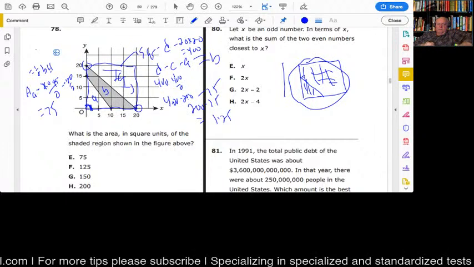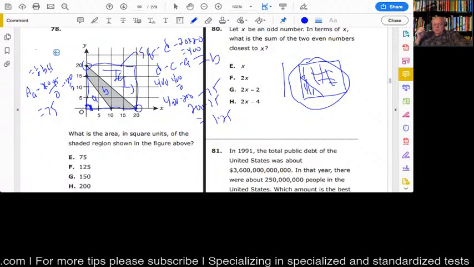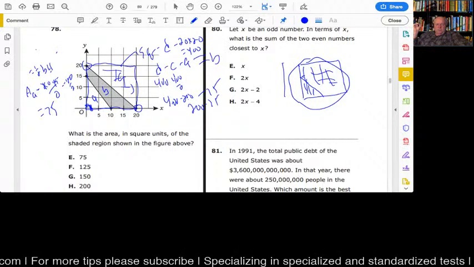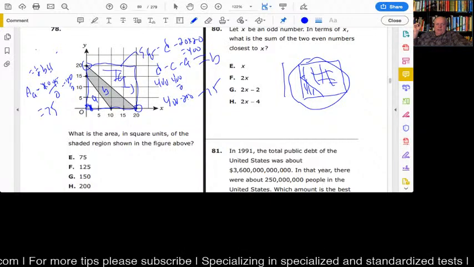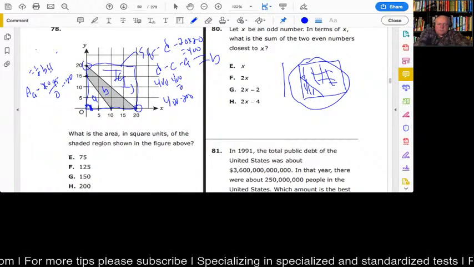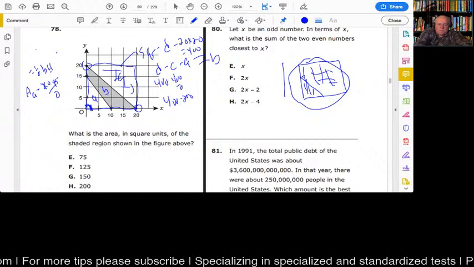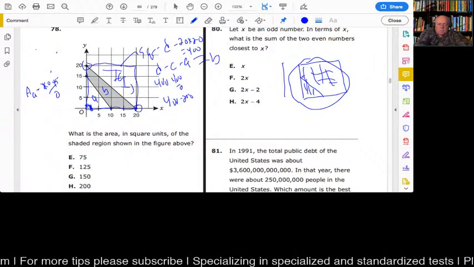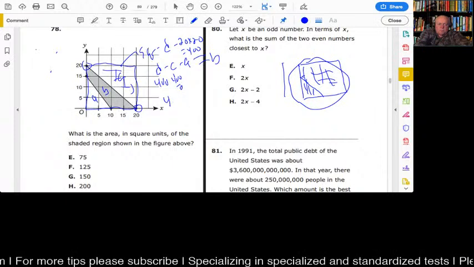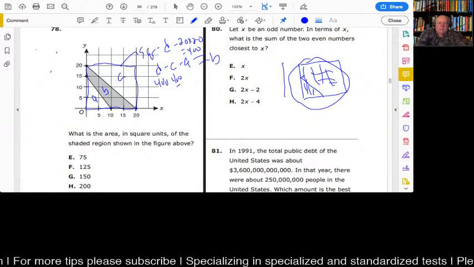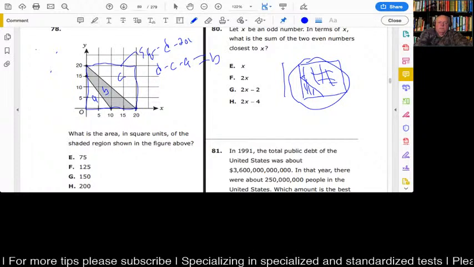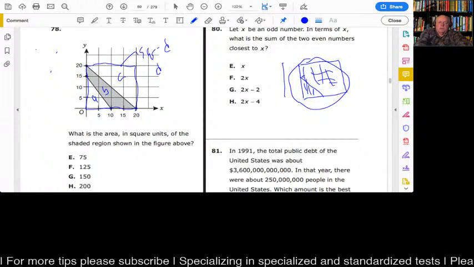All right. So what I'm going to do is erase all this, and we're actually just going to do the most simple way to solve this. One second while this clears up.